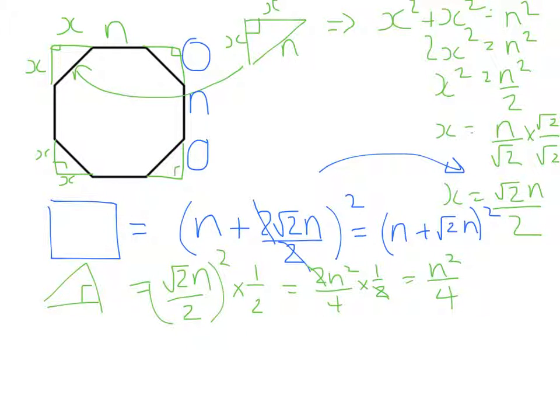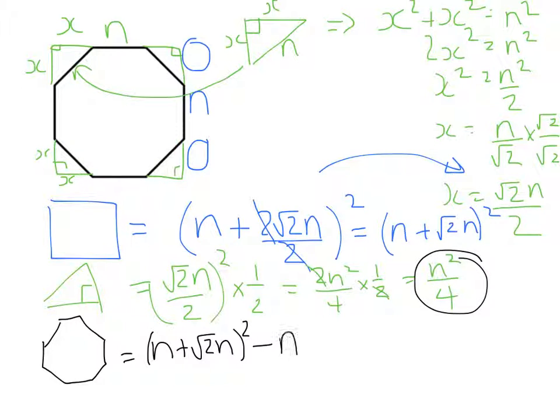So the area of my final octagon will be n plus root 2n squared minus 4 lots of this one, so n squared. So maybe you can see why I chose to leave that not multiplied out, because actually I can take a factor of n inside here.